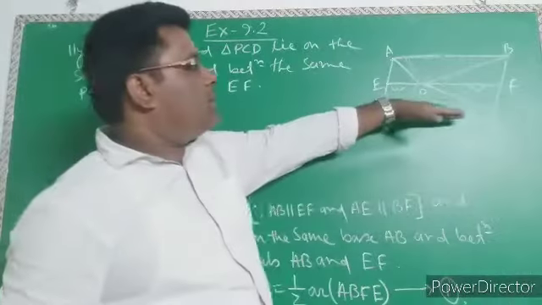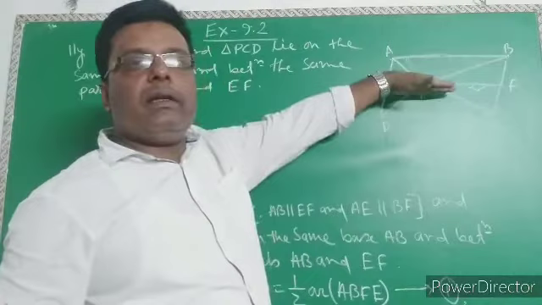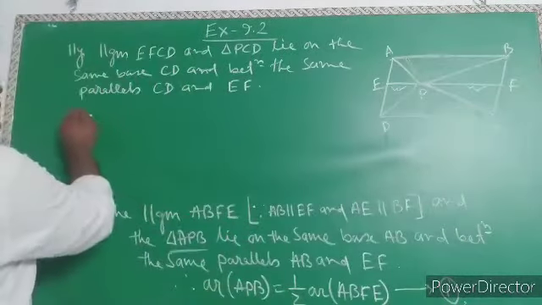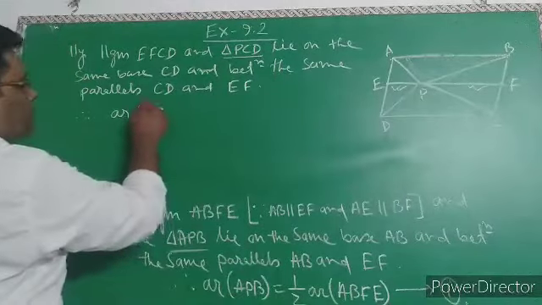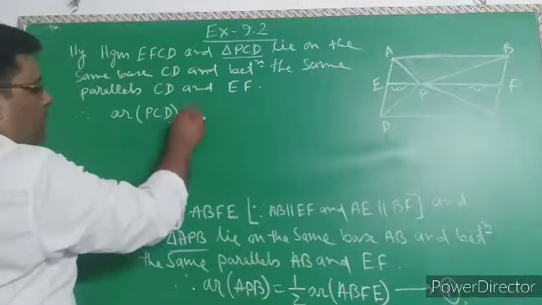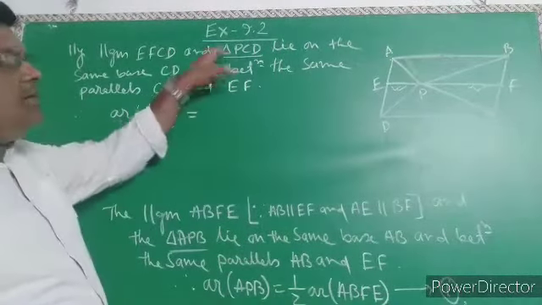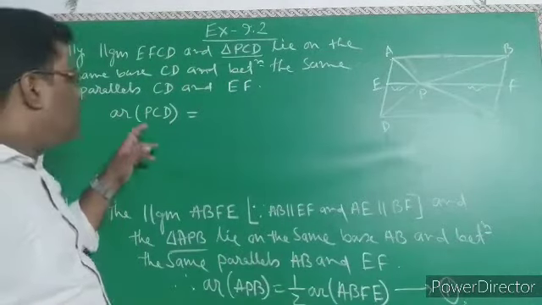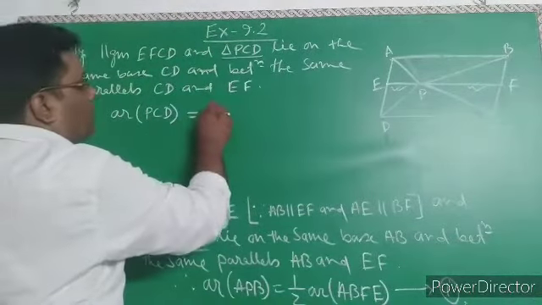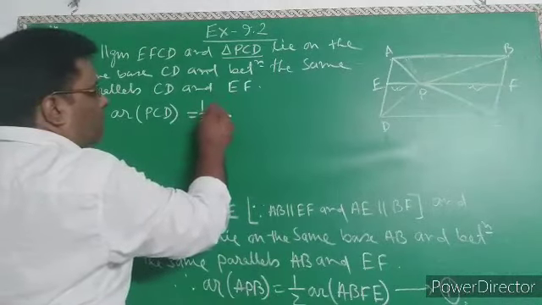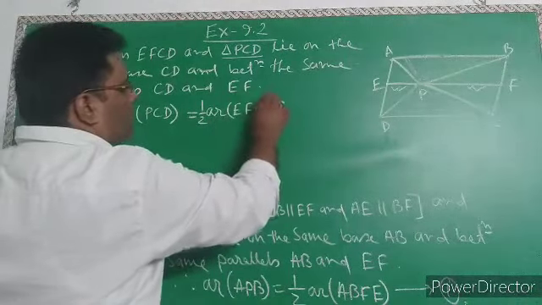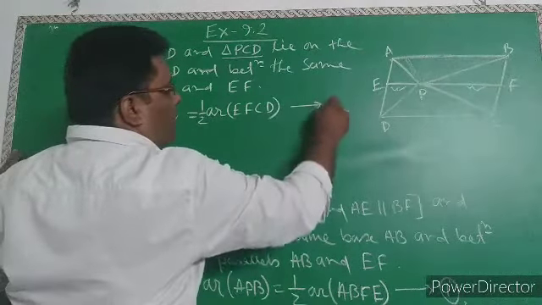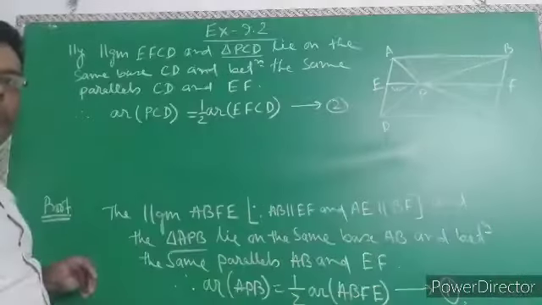That is these two lines, CD and EF. Therefore, area of this triangle PCD, in the question this triangular symbol is not given, so we also do not write, is half area of EFCD. So give it number 2.